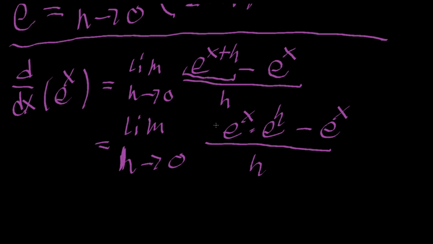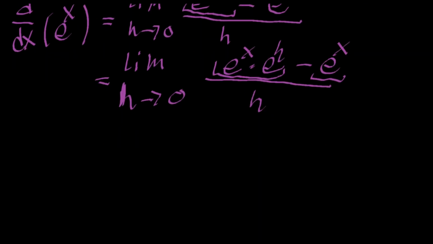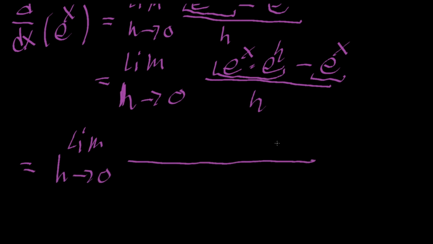Now notice that both this term and this term contain e to the power of x, so we can just factor it out. So this will be equal to the limit as h is approaching 0 of e to the power of x multiplied by e to the power of h minus 1 all over h.